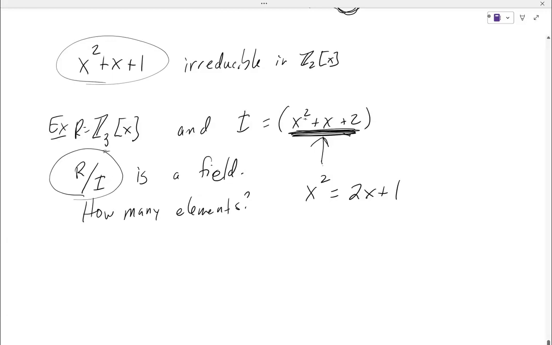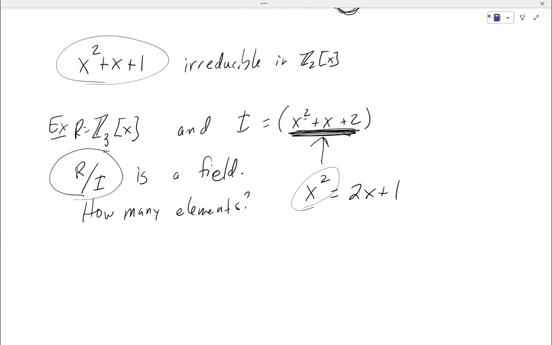It'd be negative x minus 2. Negative 1 is the same thing as 2 mod 3. Negative 2 is the same thing as 1 mod 3. So what does that tell me? Every time that I see an x squared, I can replace it with 2x plus 1, right? Anytime I see an x squared, I can replace it with 2x plus 1.